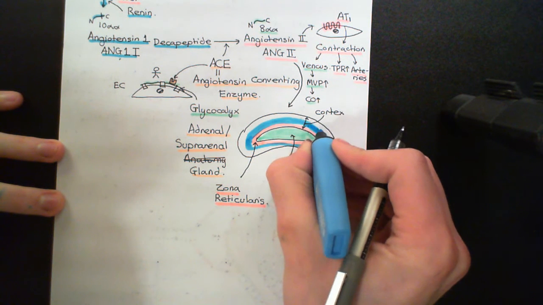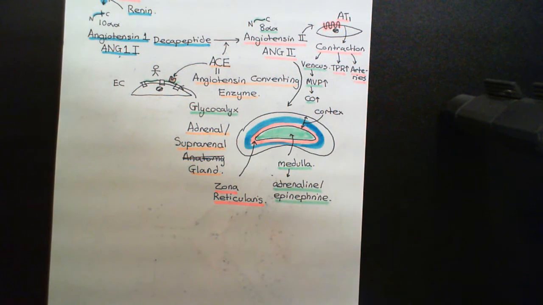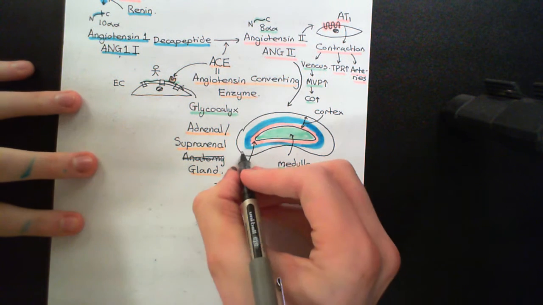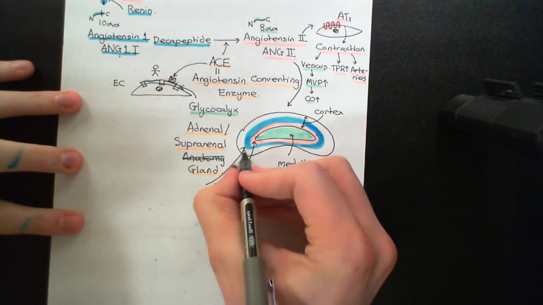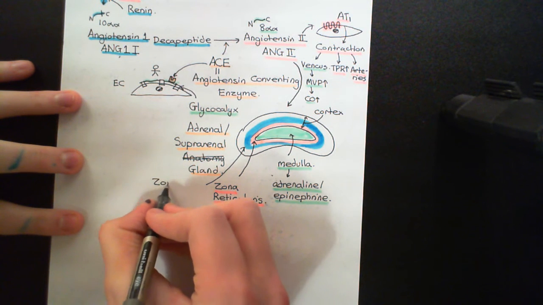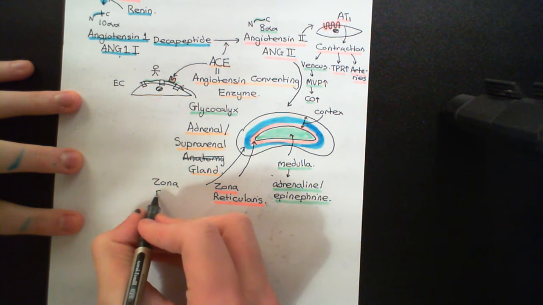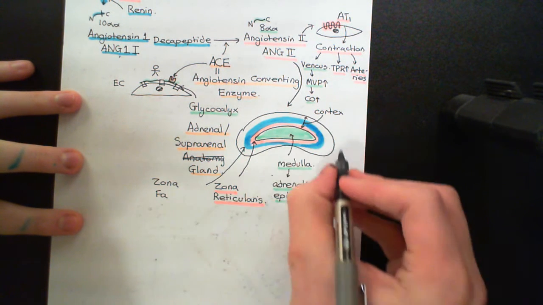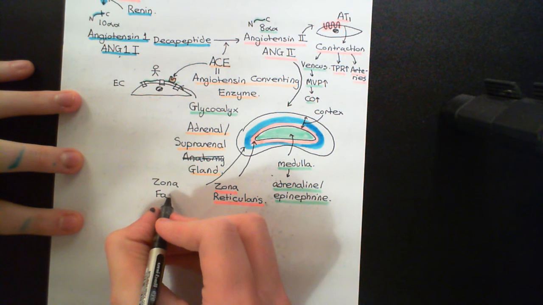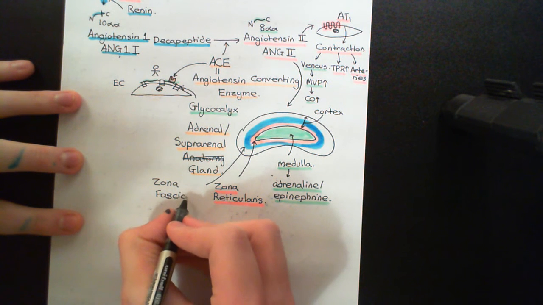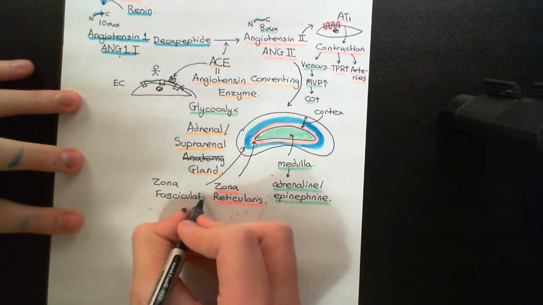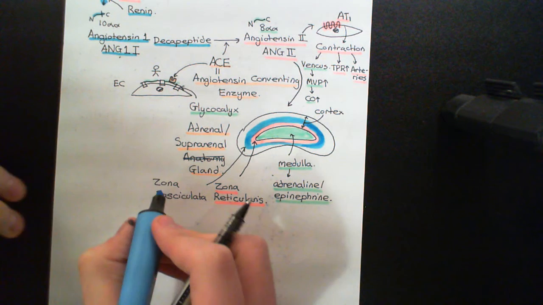Its release varies on a circadian basis, but it's also released a lot at times of stress. So this is the Zona Fasciculata here in blue, and I'll just underline that in blue.